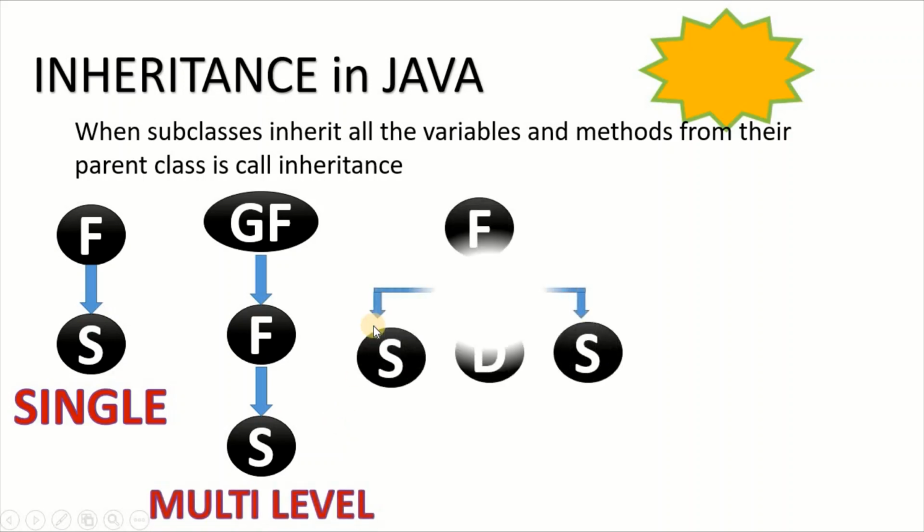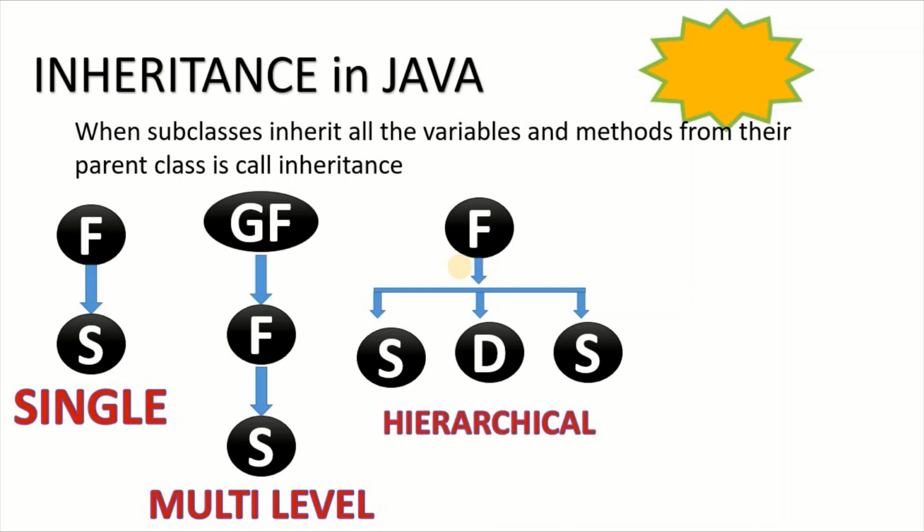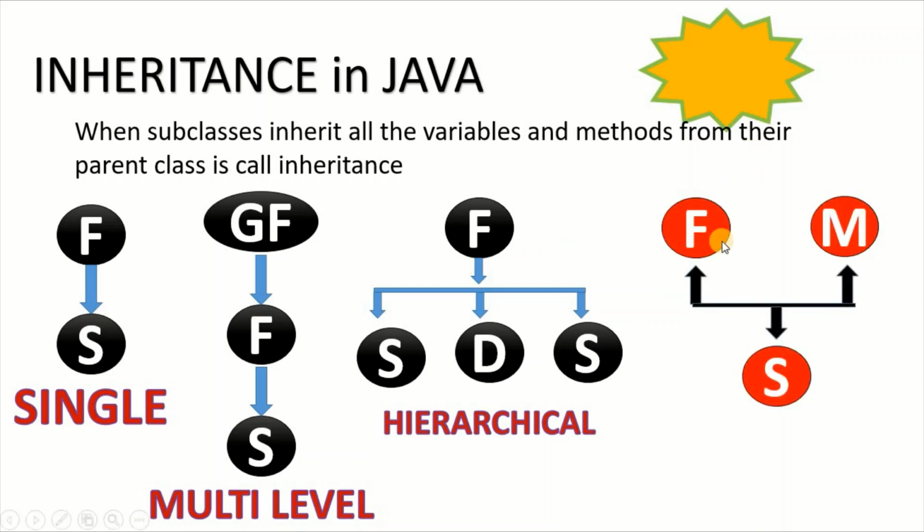Another inheritance is a father and, suppose, his two sons and one daughter. All children inherit data from their father. So this is hierarchical inheritance. Another is a father and mother and their son. This is multiple inheritance.